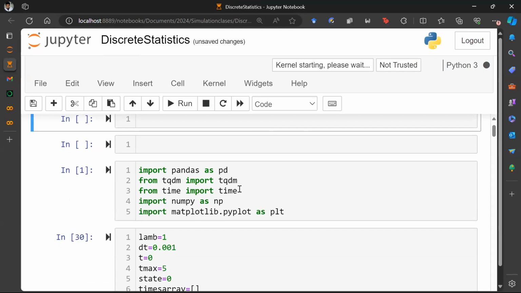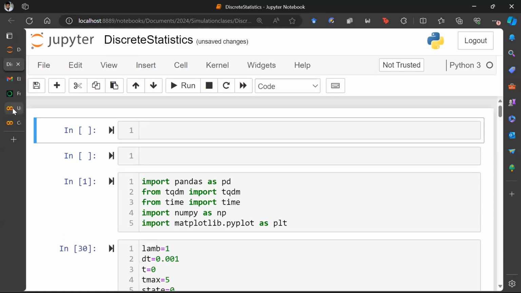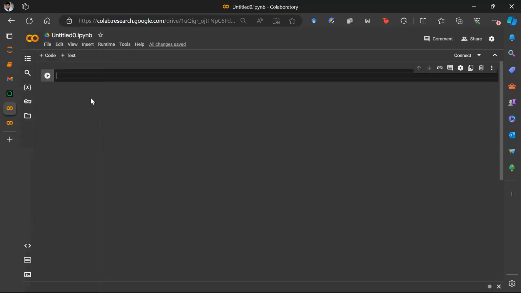Okay, so here, if you are using Colab, you can start from a new notebook, and you can write the same. So the first thing we do is importing some libraries in Python. So we use the code import.